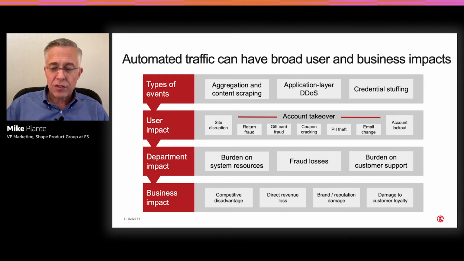The fraudsters, the people that are doing this unauthorized access, are often in there to try to get monetary gain. And so businesses that are subject to these types of automated traffic can experience even direct revenue loss, brand reputation damage. It can be pretty significant.